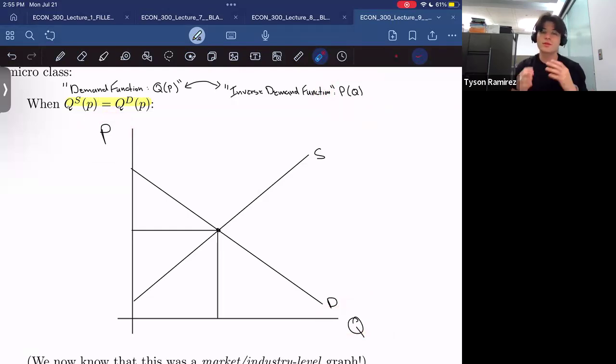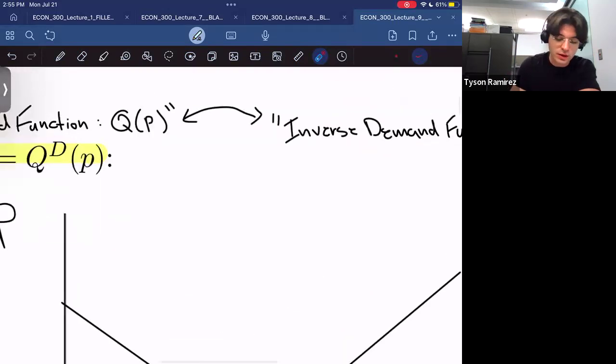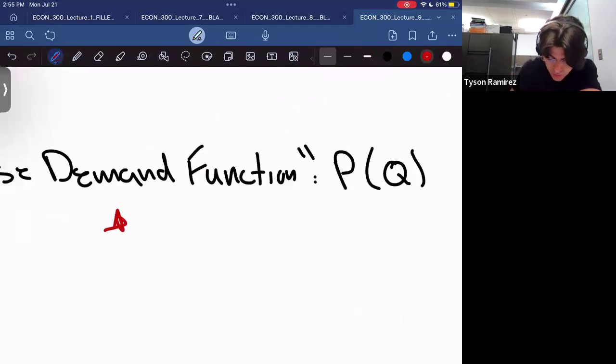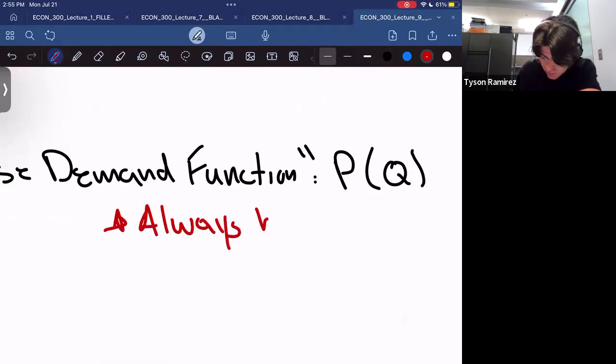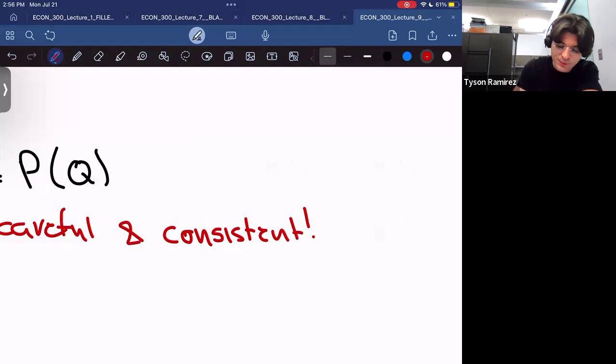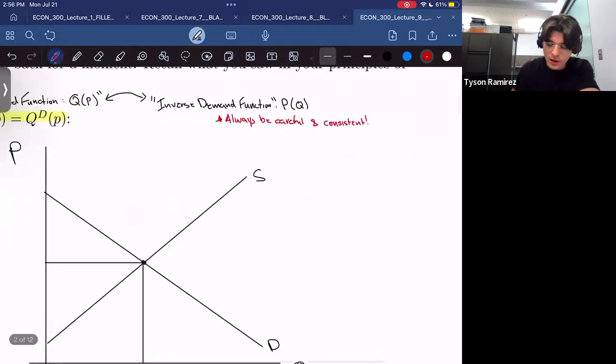It's all just a matter of how we want to display the information. Just always be careful to know which one you're working with. Just want to always be careful and consistent.